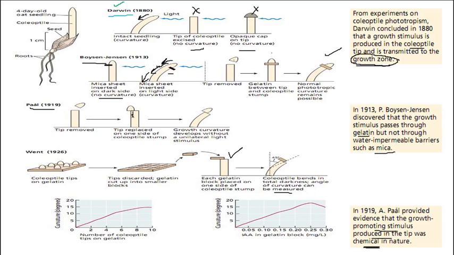So if the mica sheet is placed towards the light region, there is no effect on the bending, because the growth occurs in the dark region.